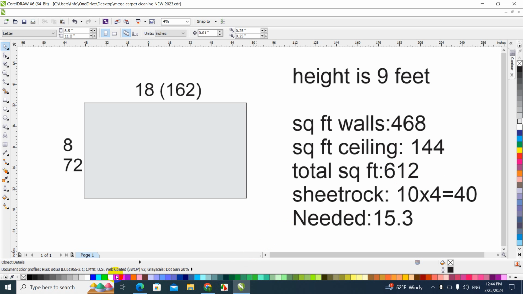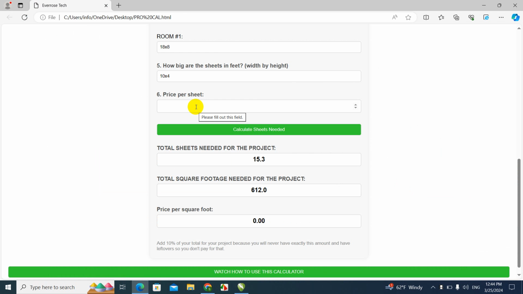Now, if you know the price of how much you're paying for each sheet, and you want to know how much you are investing for each square foot, let's say that you're paying $15 for each sheet, the 10 by 4. So let's calculate. You're paying around 38 cents per square foot.